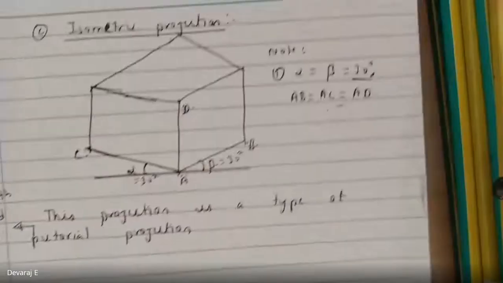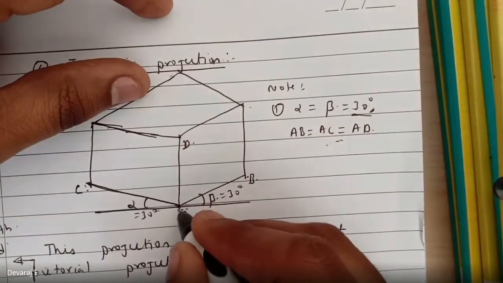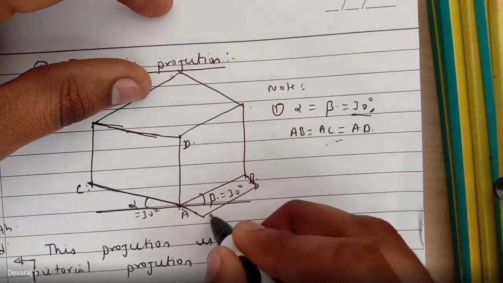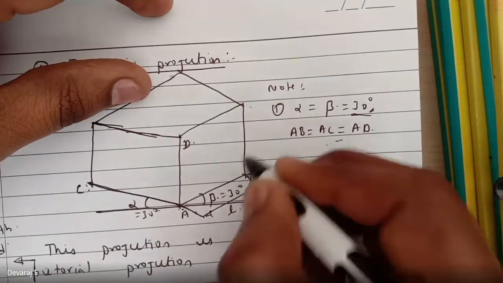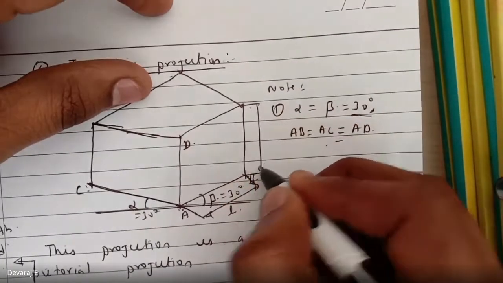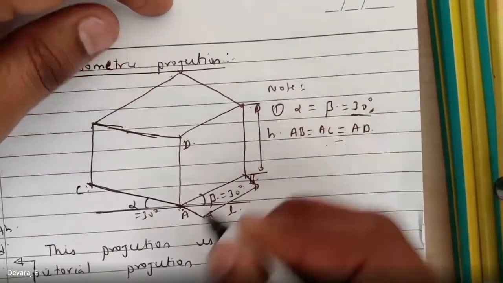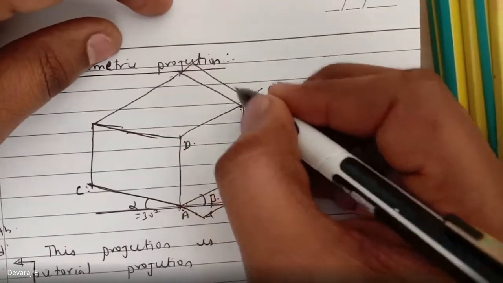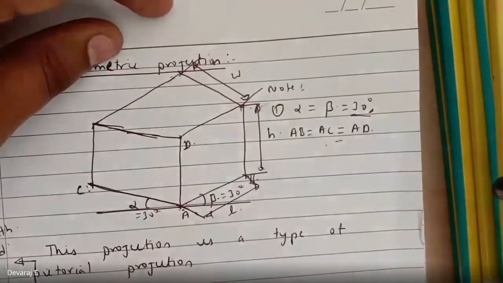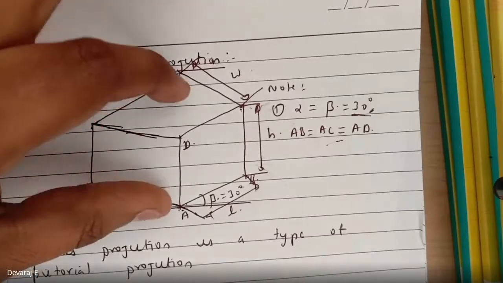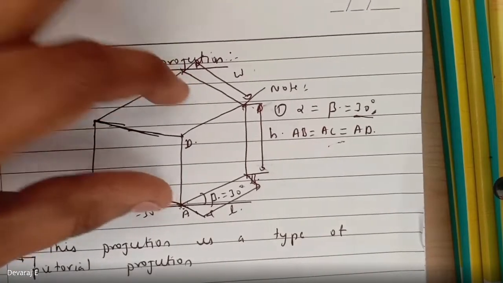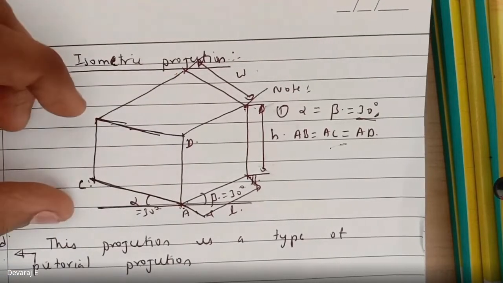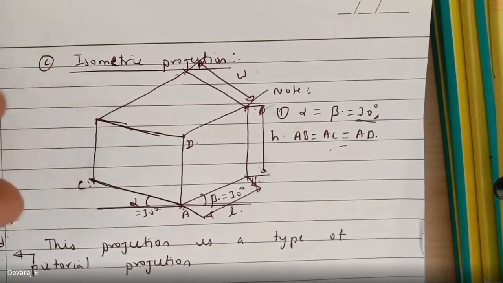If you see the sketch, you can see the length, height, then width. Right, students, you can see all the 3 dimensions. Yes, sir. So this is called as pictorial projection. Be careful. Pictorial means the projection in which the length, width and height of an object are shown in one view.